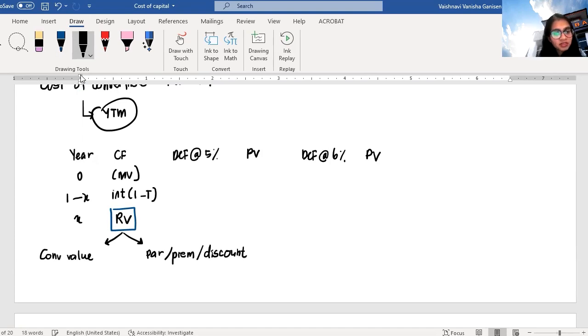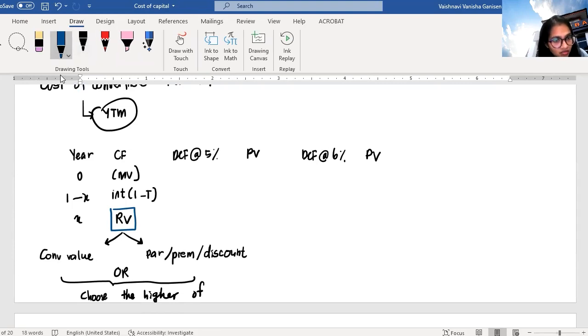And you must remember, you must choose the higher of either one. So let's say your conversion value is higher, then you choose the conversion value. If your par, premium or discount is higher, you choose the par, premium or discount.